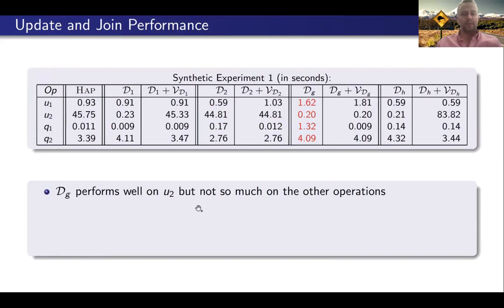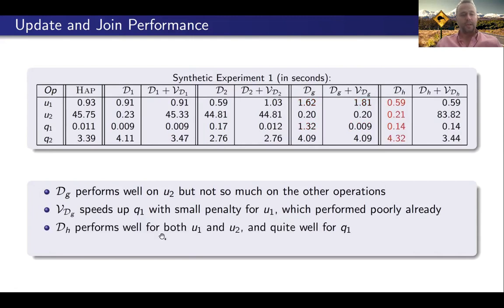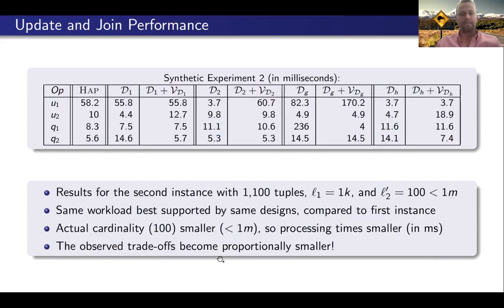The greedy algorithm performs well on U2, but not so much on the other operations. If we introduce views, that speeds up Q1 with a small penalty for U1, and DH performs well for all update operations and relatively well for Q1. Introducing the view speeds up Q2, but actually slows down U2 significantly.